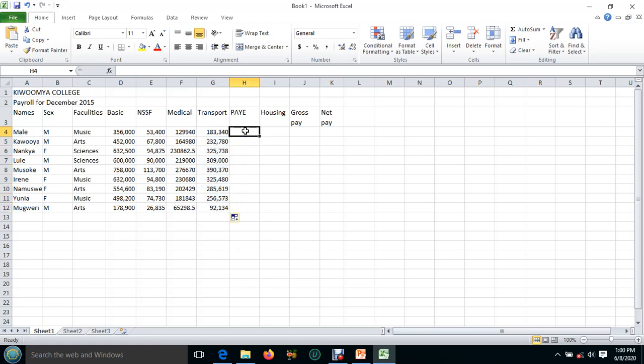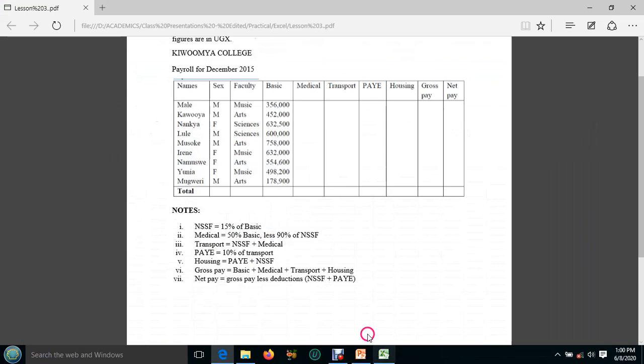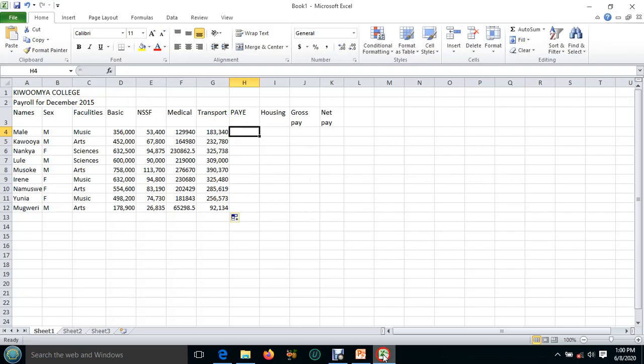Payee is 10% of transport. So the payee for the first person will be equal to 10% of transport, and transport for the first person is this one.